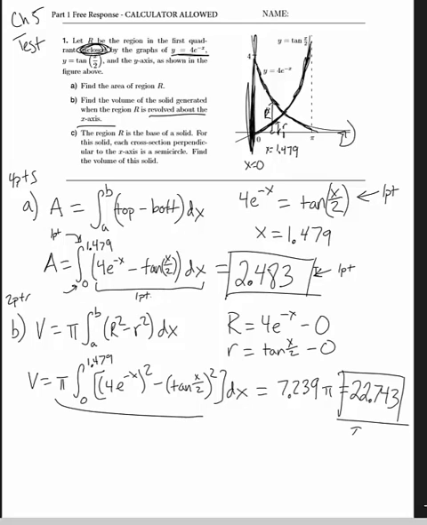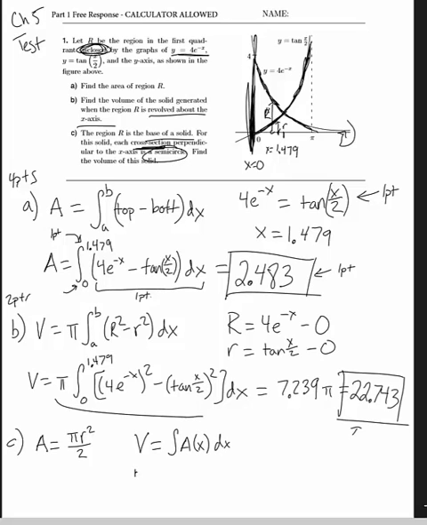And then finally we have C, which says the region R is the base of a solid, so we can think cross section, and it says the cross sections perpendicular to the x-axis are semicircles. So in C, we need to know that the area of a semicircle is pi r squared over 2, because it's half of a circle. And for cross sections, we need to remember the formula volume equals the integral of area.